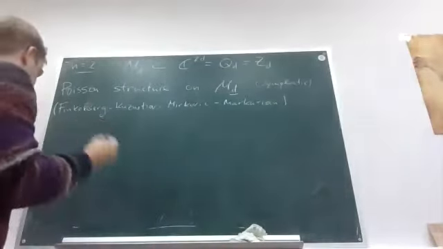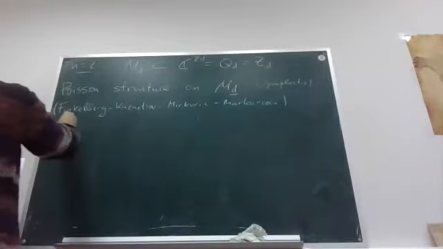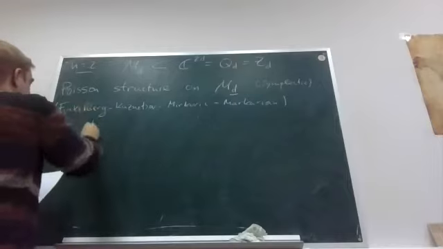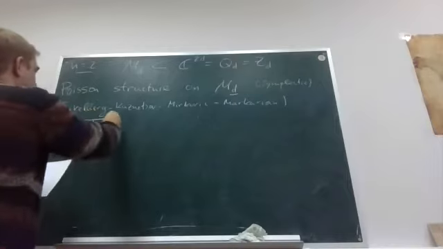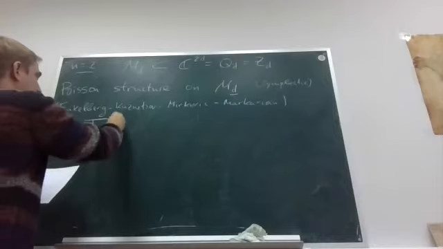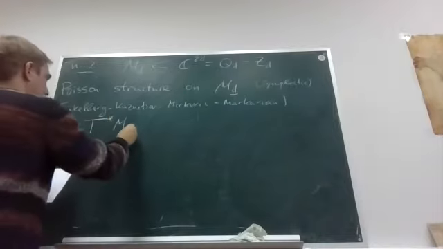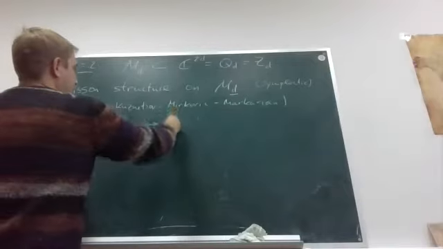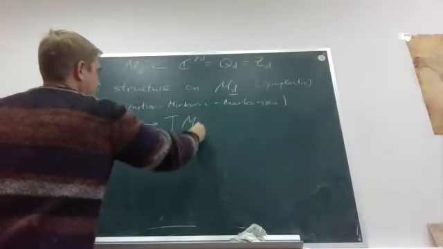So let me give a formal definition. To define a Poisson bracket, I need a morphism from the cotangent of MD to the tangent of MD.